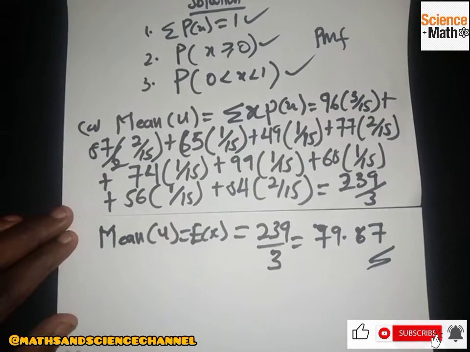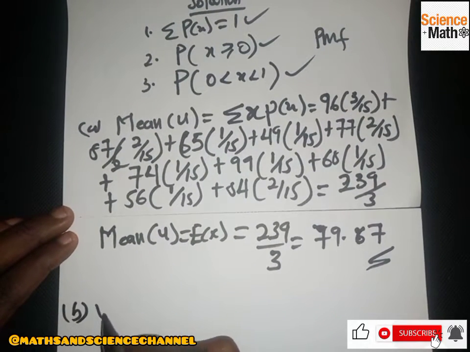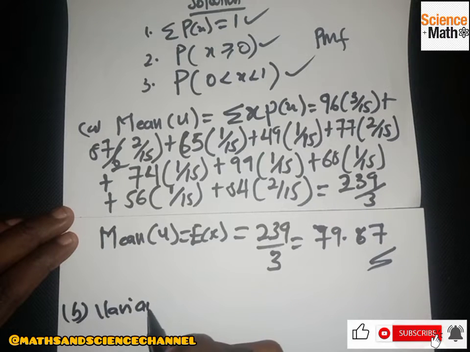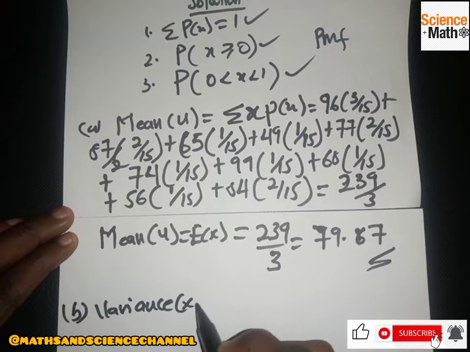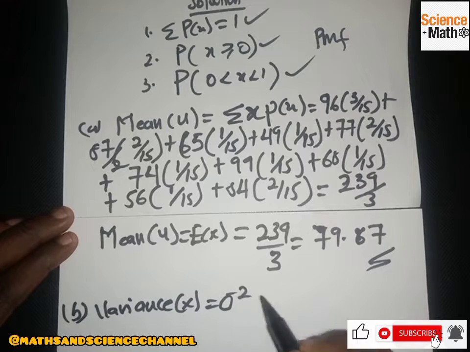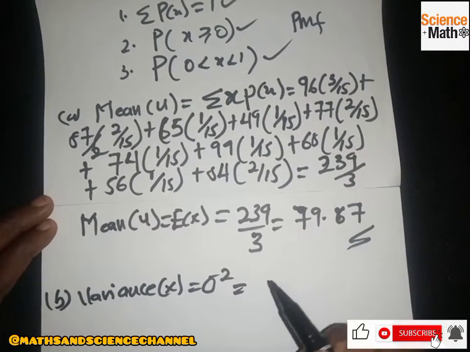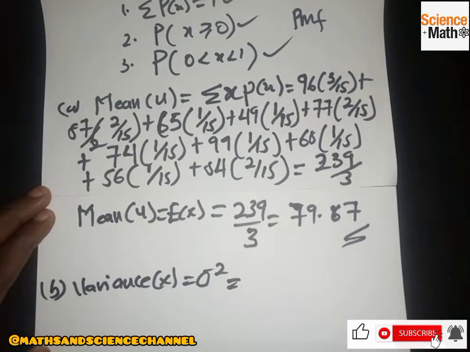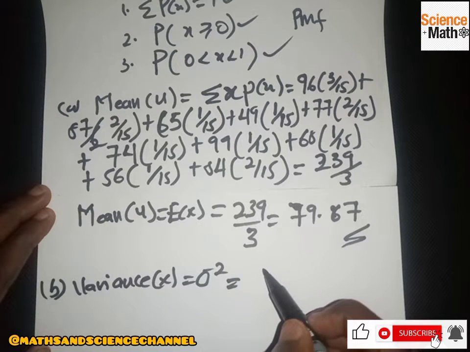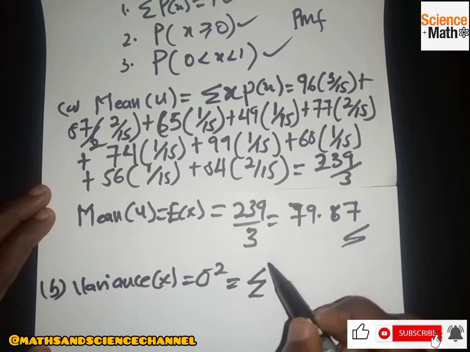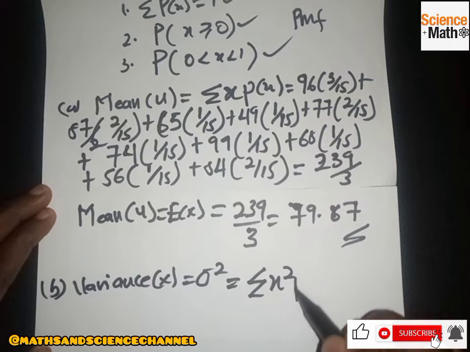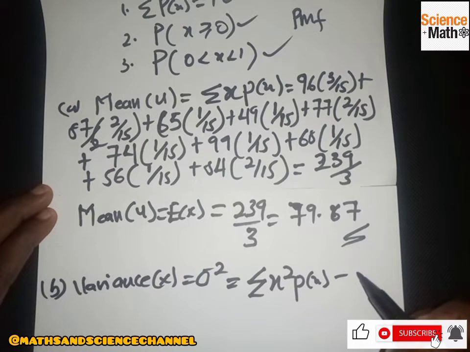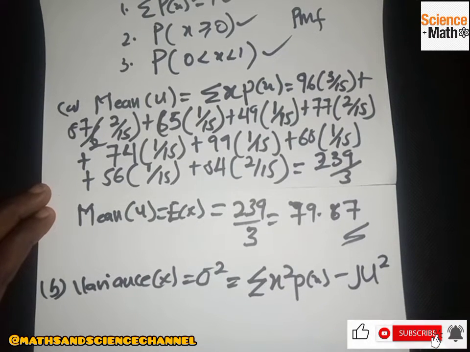And the next question says we should find the variance. So we should find the variance of s, which is given by this, and the variance here is similar to the mean, but there is some difference between them. We have the summation of s squared P of x minus the mean squared in this case.